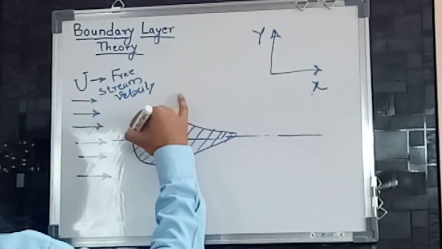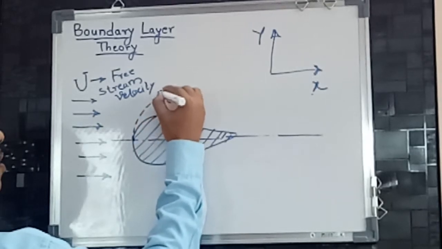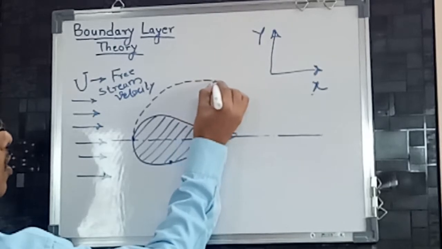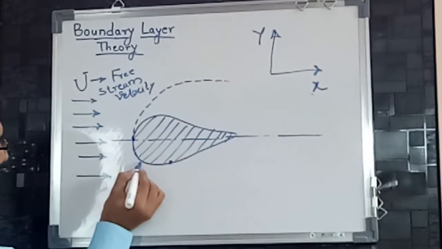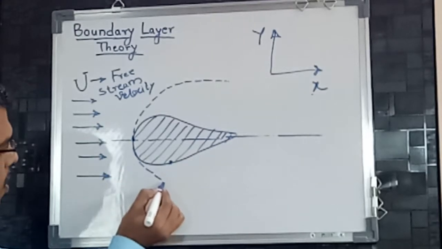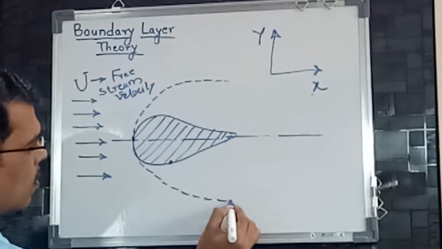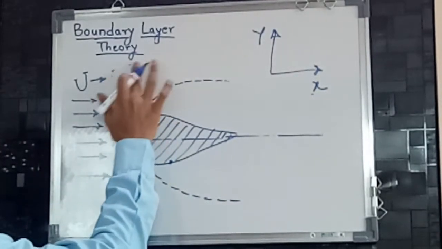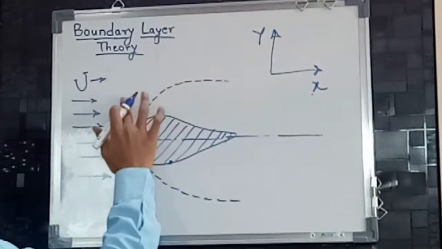Then what will happen, this dotted line, okay, this is the free stream velocity, just remember it, because I don't have space here.